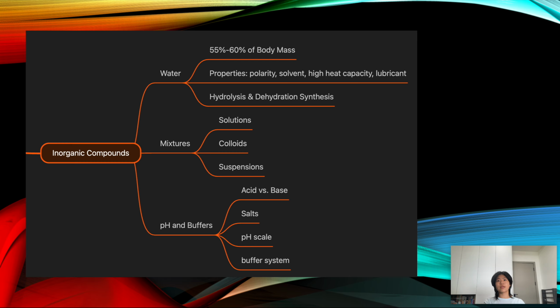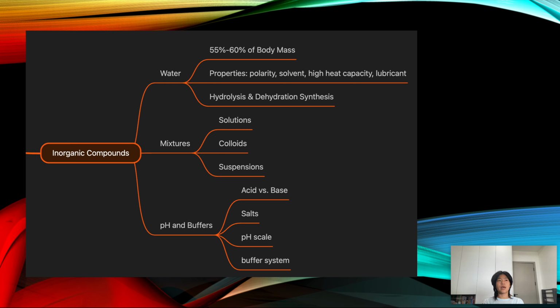Then we will briefly distinguish between different types of mixtures. Mixtures are basically a combination of elements and compounds that are physically bonded together, but not by chemical bonds. Some of the different types of mixtures are solutions, which are homogeneous, so they mix together really evenly.